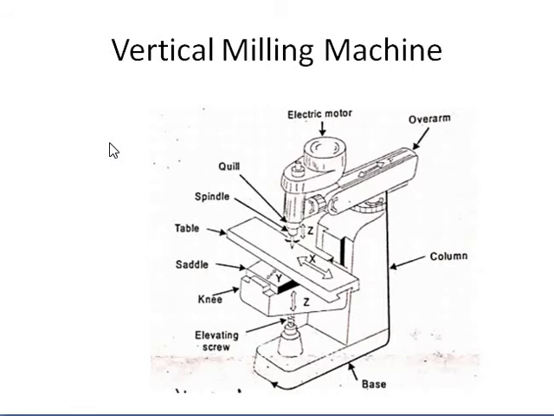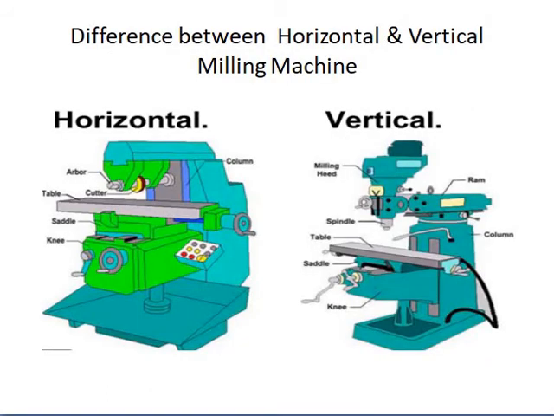The housing is called the head, which can be fixed type or swiveling type. The saddle is mounted on a knee which can be moved towards and away from the column. This also enables the table to move in the cross direction. Here also we have three direction movements: longitudinal, vertical and crosswise.